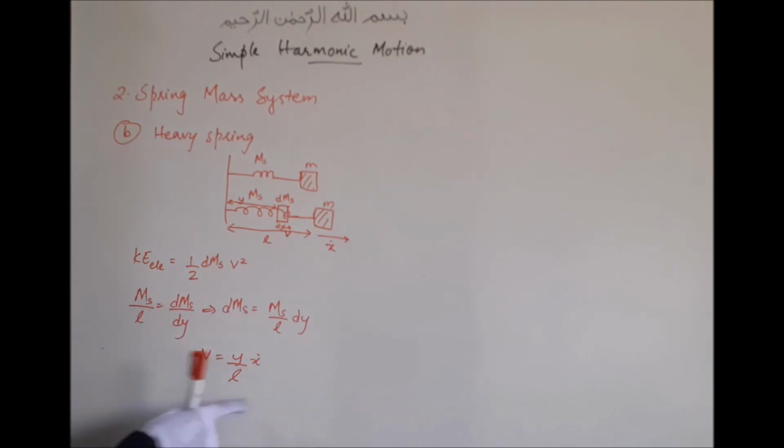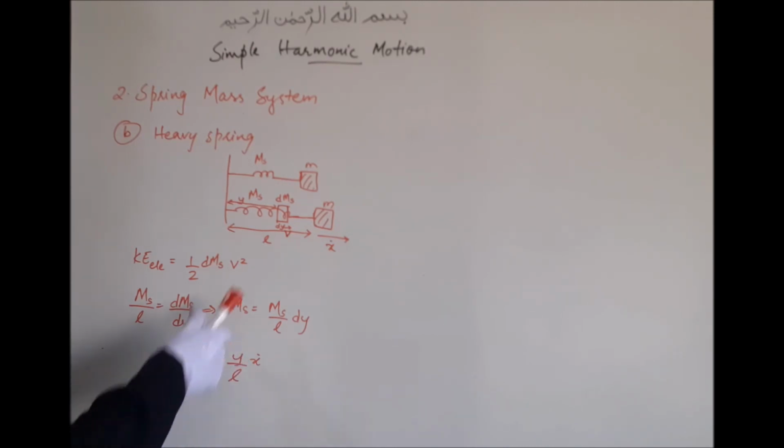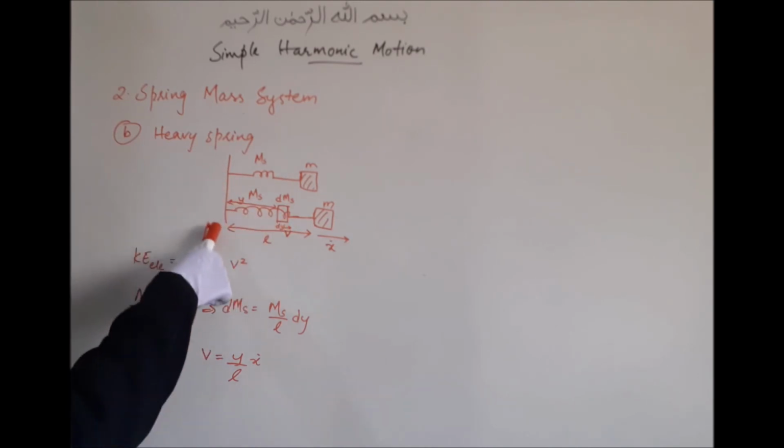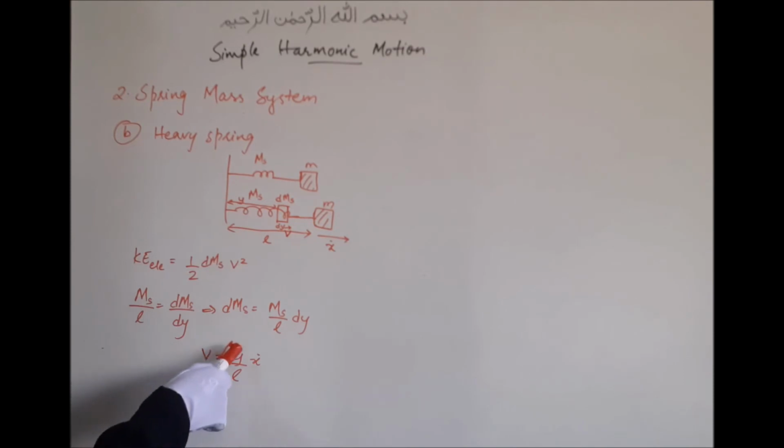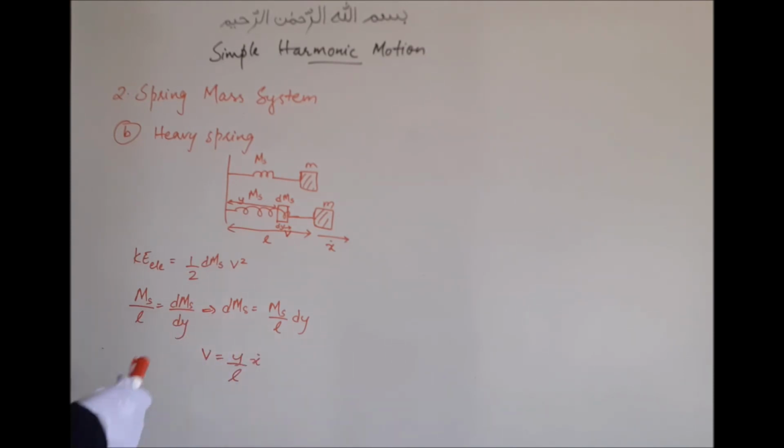Now, why we took the velocity of the element as y by L into x dot? Because the velocity of the element depends on the distance of that element from this position where it is attached to the wall. So that is y. So v depends on y. So to balance the dimensions we get y by L into x dot.